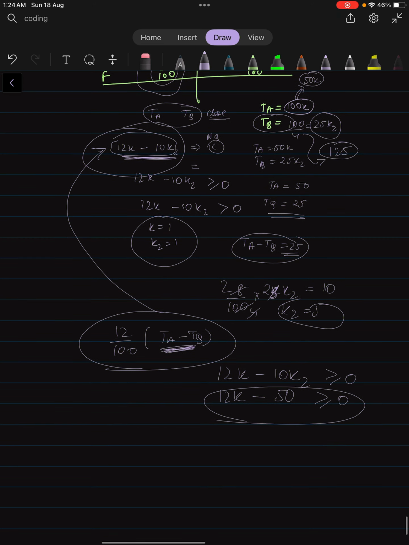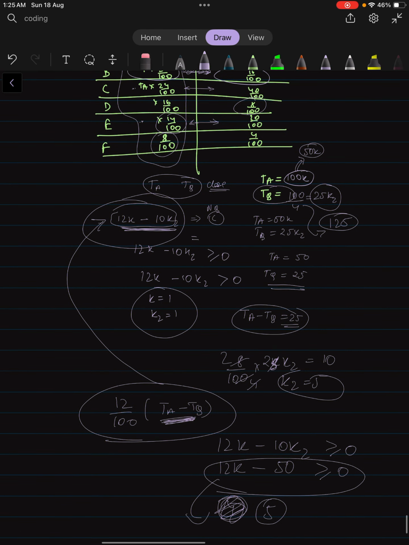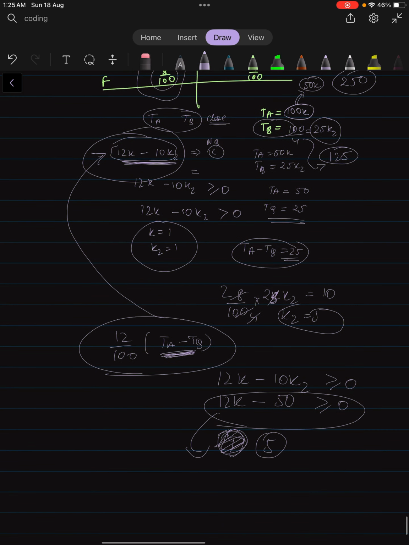For what values of k will this be satisfied? Well, k can be 4, it will be negative. If k is 5, this is getting satisfied. So k is 5 in the minimal situation. So hence we get 250 as this value, and hence 12 upon 100 into 250 minus 125, that is 125 by 100 into 12, and 5 by 4 times 3, 15 will be the answer.